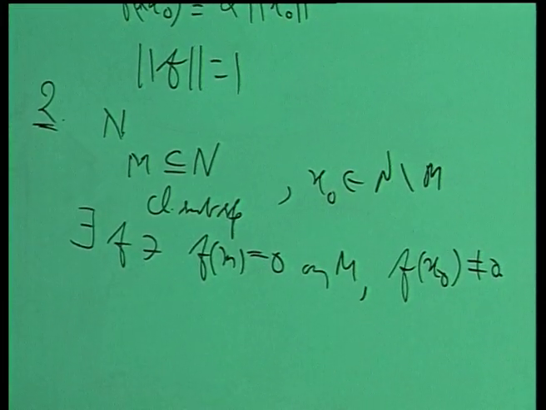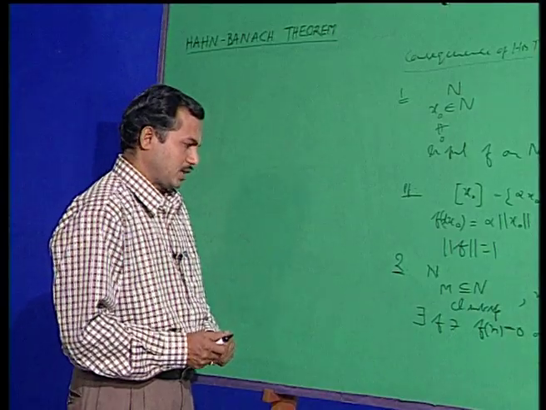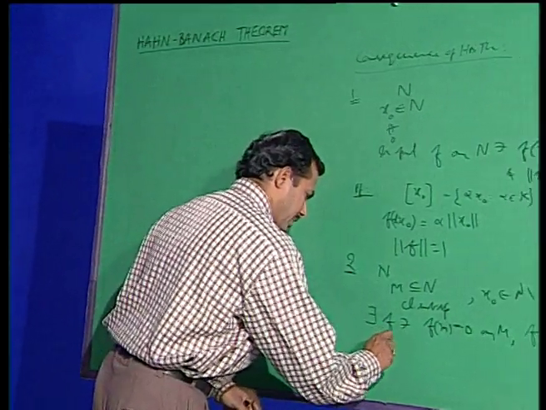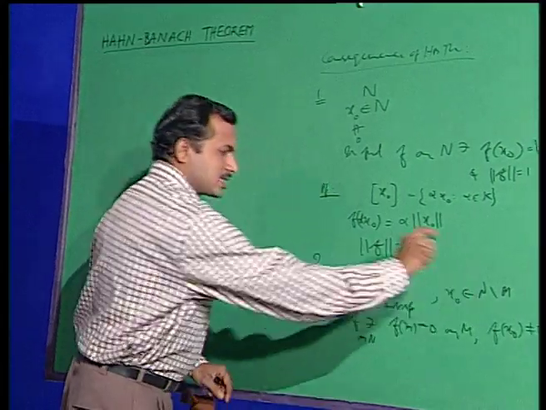To do this, we use the canonical map and the Hahn Banach theorem, and we obtain a functional F on the whole space N satisfying this property.